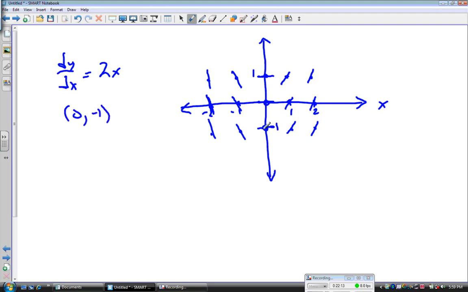Can you envision a curve that goes through that point and follows these little tangent lines as a guide for what the curve looks like? I can't do it too well by hand, but you get the idea. It looks pretty parabolic, doesn't it? Well, look, if we can do this by separating variables, we're going to get a parabolic solution. Does that make sense?